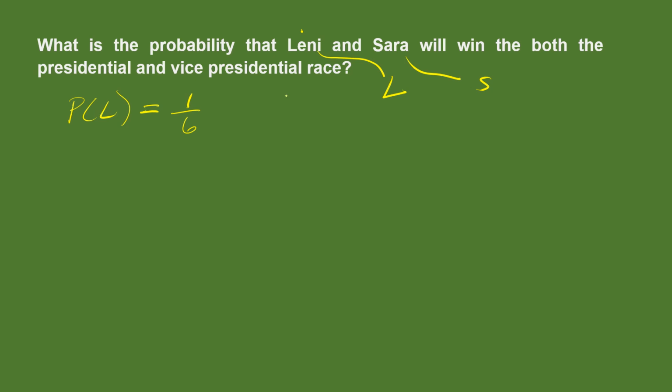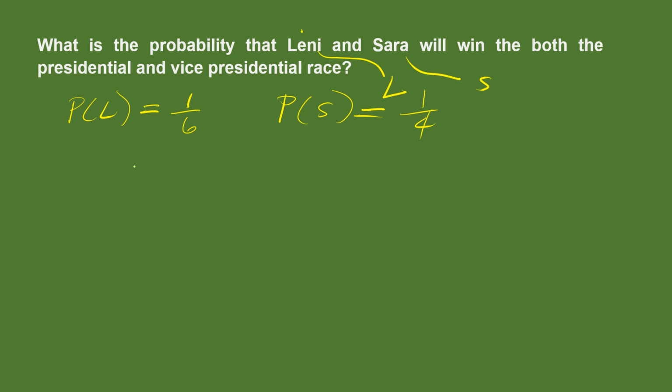And for Sarah, for vice president, there is a 1/4 chance of being selected. These are independent outcomes, therefore we need to apply the multiplication rule of probability.